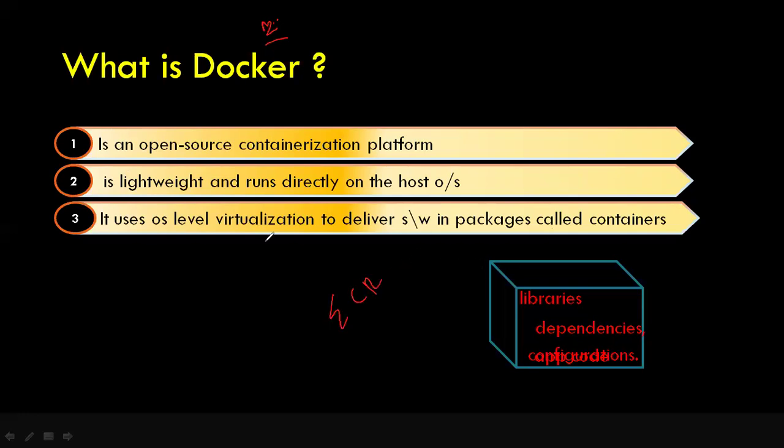Once you containerize everything, it's like putting your application and all its dependencies into a box, and then you push it to ECR or Docker Hub. There's something called Docker Hub. Once you push it here, people from other locations who want to reuse the same thing can simply pull it.